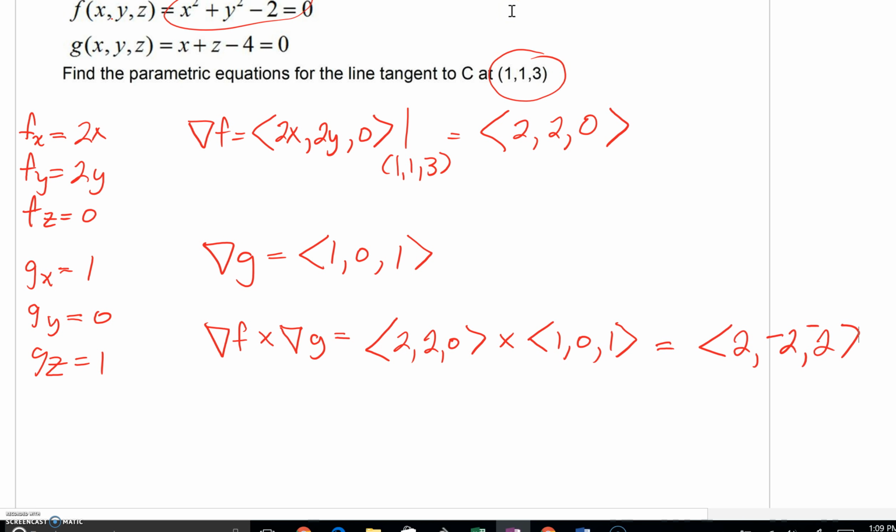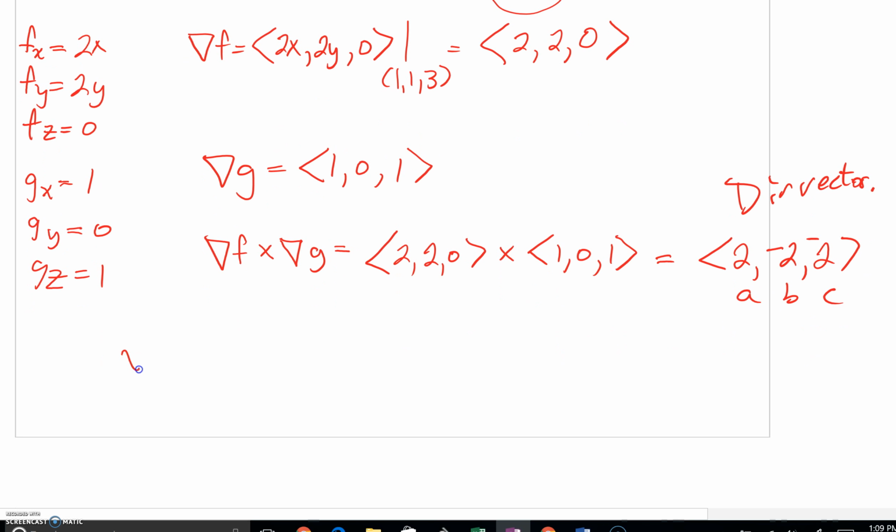Okay, so we took a little pause, worked out the cross product with the TI-89. 2 comma negative 2 comma negative 2. Guys, this is your direction vector. So what are we seeing? That's like your A, B, C in regard to writing out the parametric equations. Look at that. y equals y naught plus Bt, and z equals z naught plus Ct.